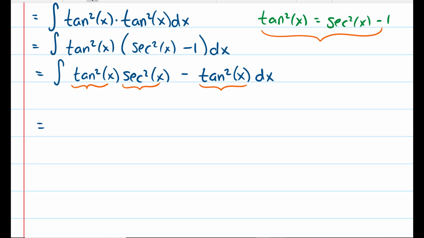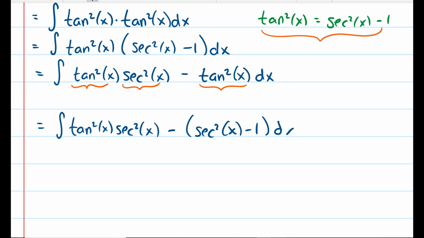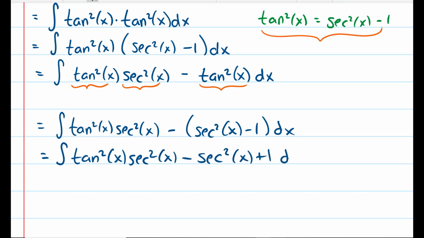I'm going to separate this one more time to the integral of tangent squared x secant squared x minus secant squared x minus 1 dx. I'm going to distribute that negative, so I'm going to get minus secant squared x plus 1 dx.